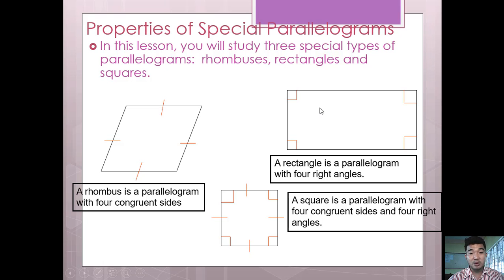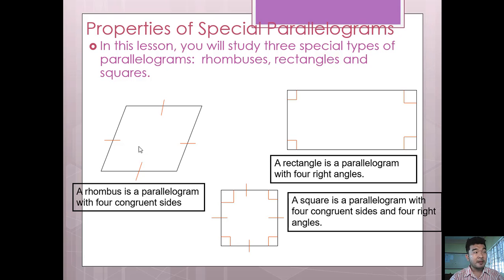Okay? The same is true with rectangle. Kung magkakamukha ang lahat ng angles, hindi ibig sabihin ay magkakamukha ang lahat ng sides. Pero, pag pinagsama natin yung dalawang special properties ni rhombus at saka ni rectangle, makakabuo tayo ng regular quadrilateral.